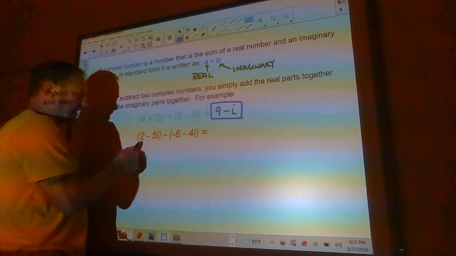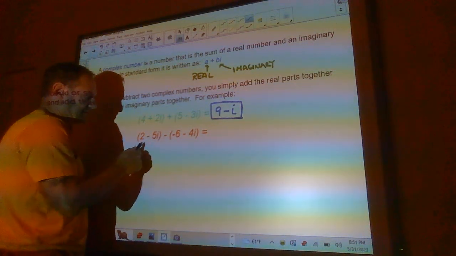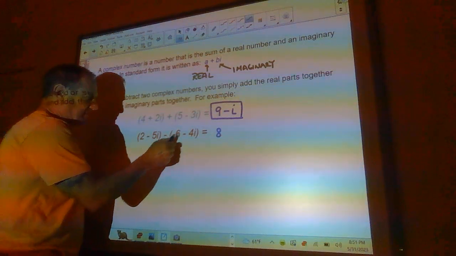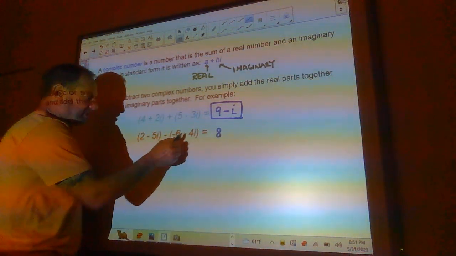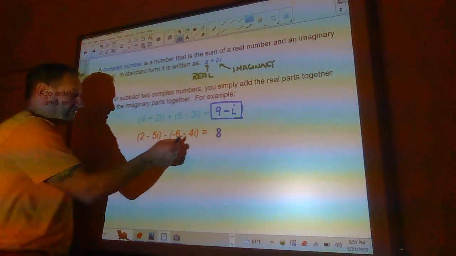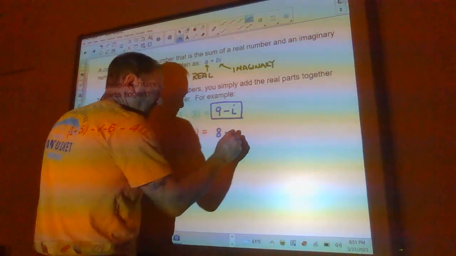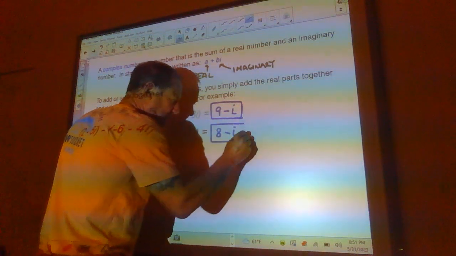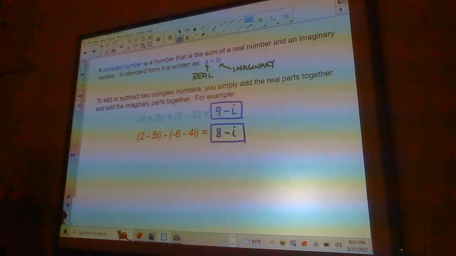Here we've got 2 minus negative 6, that would be 2 plus 6, which is 8. And then negative 5i minus negative 4i would be negative 5i plus 4i, which is negative i again. So there we go.